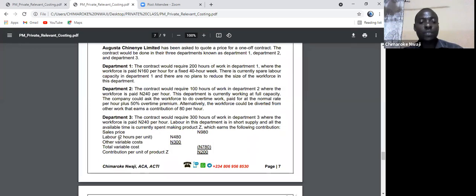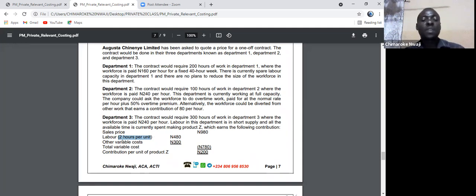If you look at it very well, 1 unit, they spend 2 hours making 1 unit. If they have to spend 300 hours, it means they would have produced 300 divided by 2, which is 150 units. 150 units would have been lost by stopping this product and focusing on the one-off contract.